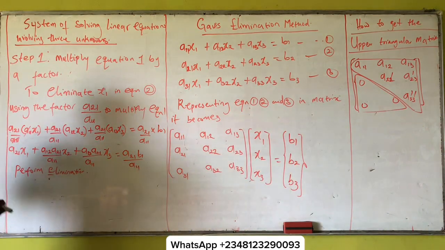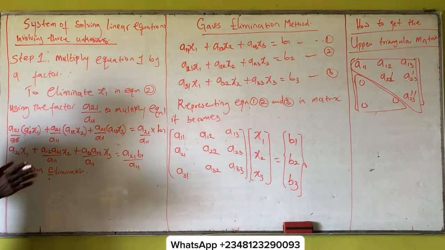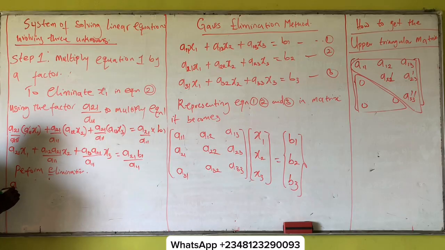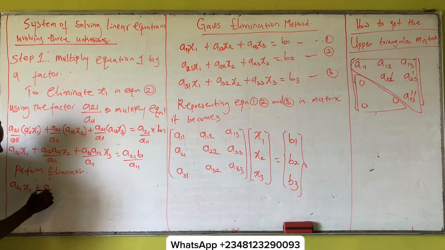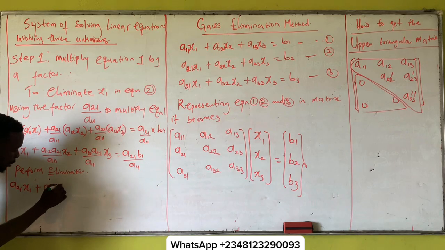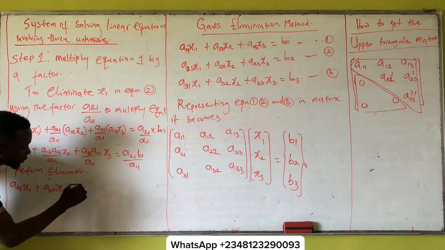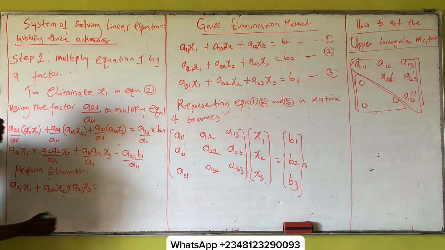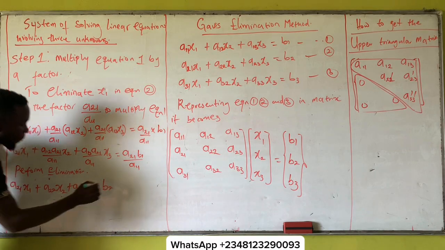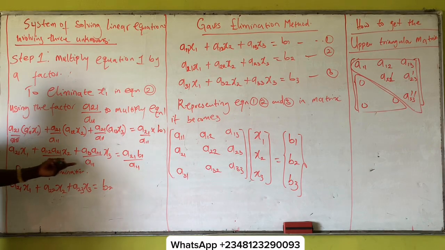So let's do that. Remember, what is our equation 2 that we are trying to eliminate? Equation 2 is A21 x1 plus A22 x2 plus A23 x3 equal to B2. Now, what is the new equation we got?